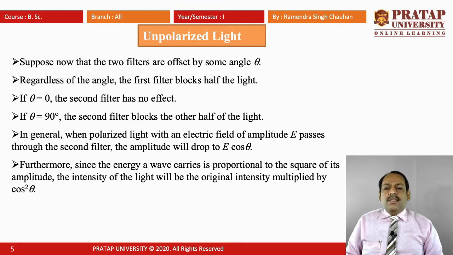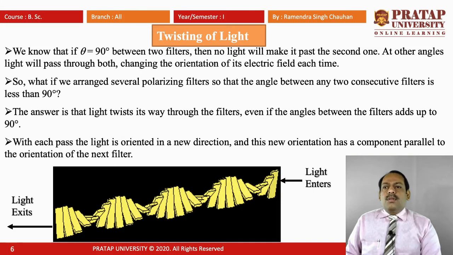So we can say that the light will have the original intensity multiplied by cos square theta, and this law for determining the intensity when light is passed through a polarizing filter having an angle theta with the plane of vibration is called the law of Malus. So we know that if theta is 90 degrees between two filters, then no light will make it past the second one.